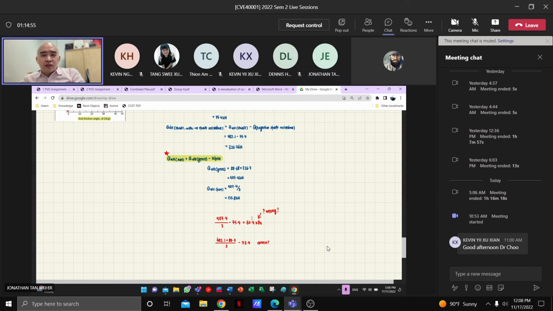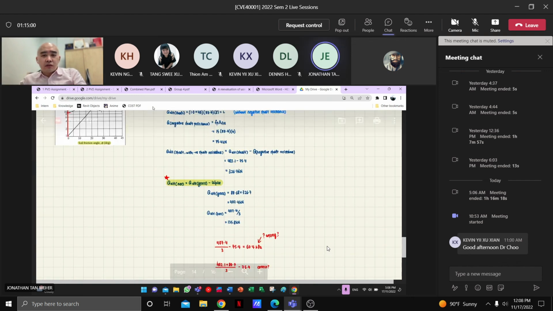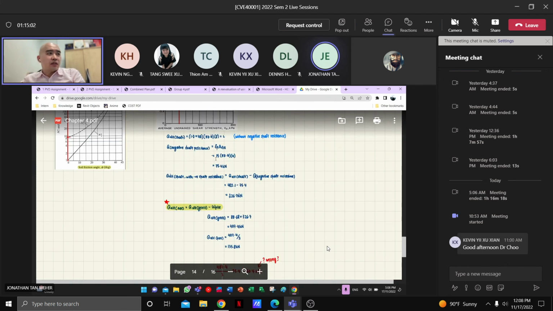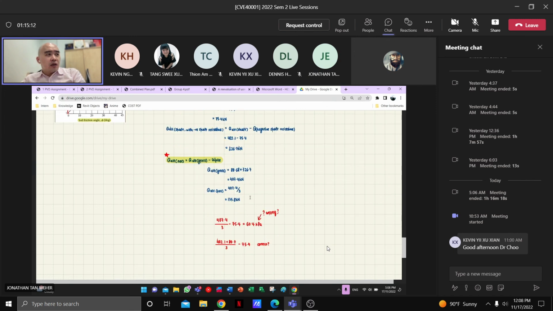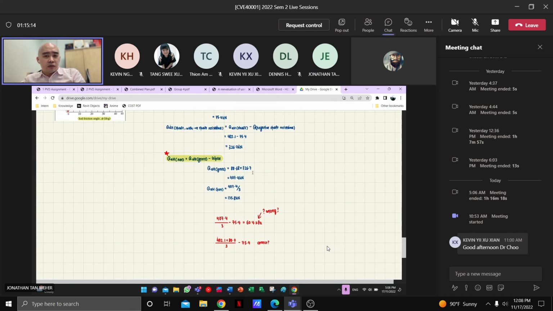What is this 75.4? This is the negative shaft resistance, the skin friction. Yeah, that's correct. So 75.4 is correct. Your Q shaft, 326.7, is also correct.